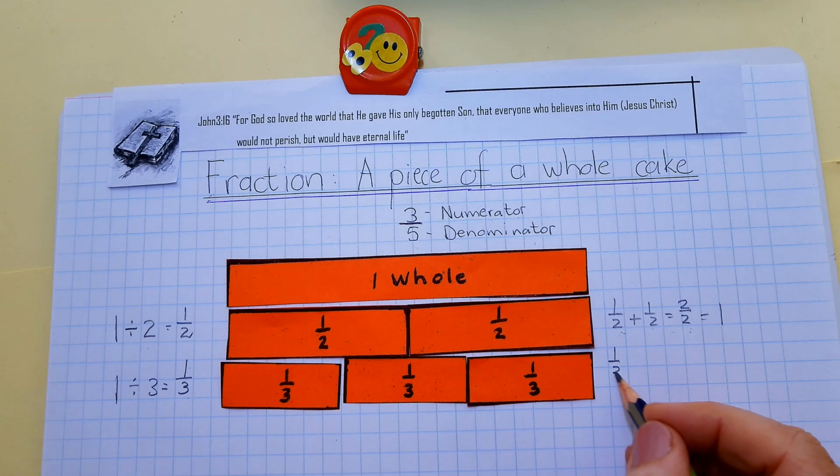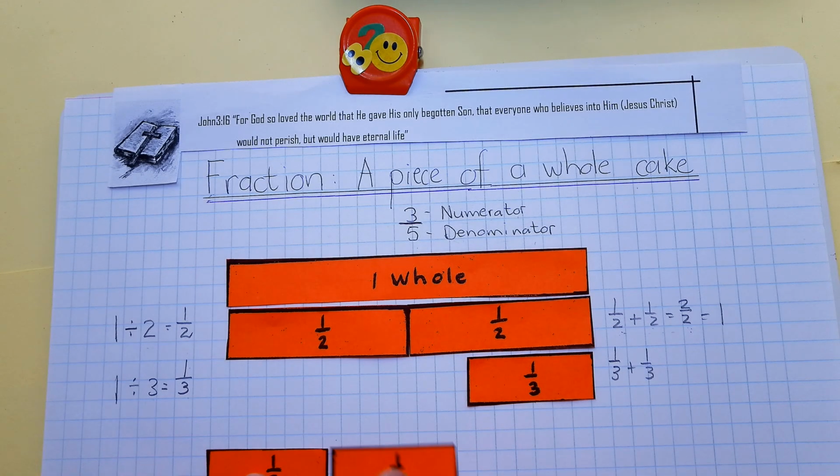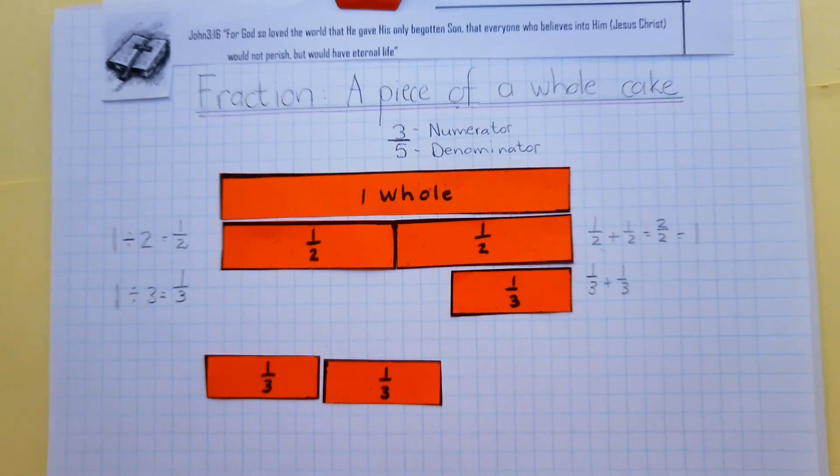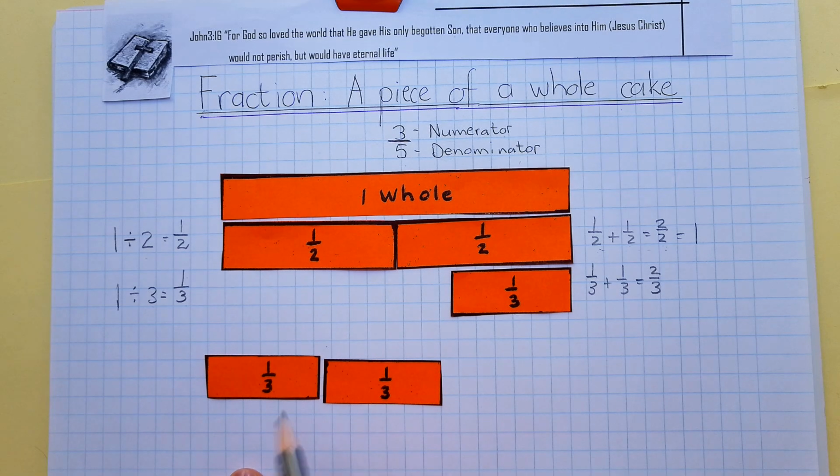So 1/3 plus another third makes how many thirds? 2/3. Can you see? The denominator stays the same, and I just plus 1 equals 2.